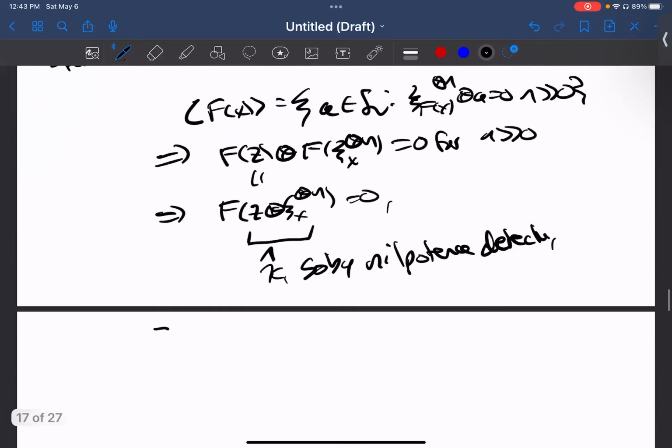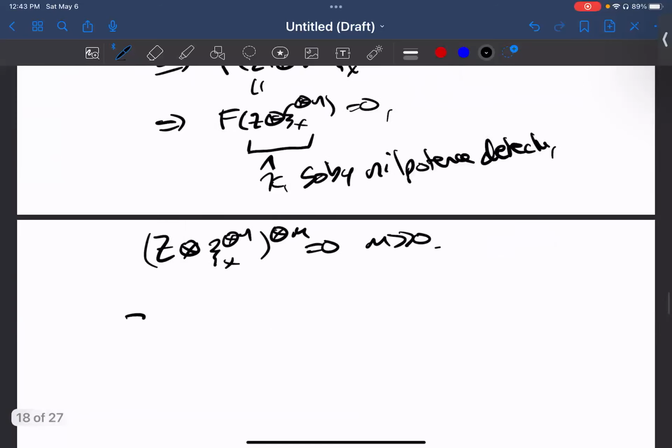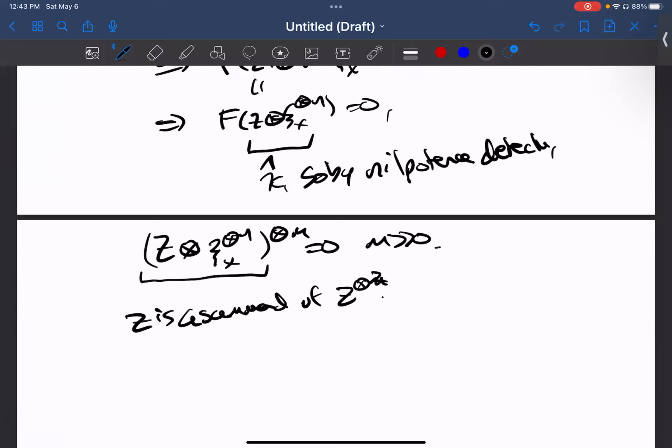we have that z to the tensor n tensor x to the tensor m is equal to 0 for m much greater than 0. But z is a summand of z to the tensor m, well, z to the tensor 2 at least, and then each repeat inductively. So, well, tensored with z dual.